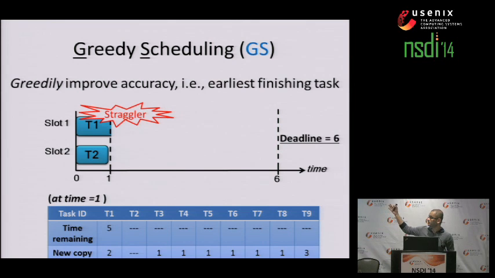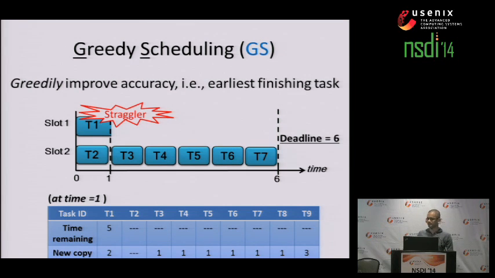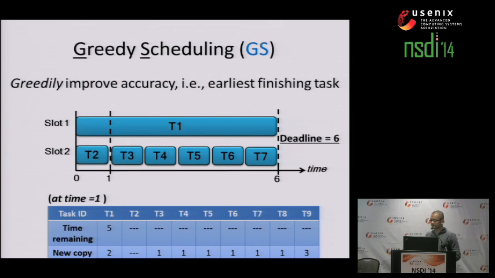If I have to do it greedily, this algorithm would pick the earliest finishing task. Hence, it's not going to schedule any speculative copy, but schedule T3 and so forth, because those are the ones with the smallest remaining time. All along, T1, of course, gets to run as it is. And by the time the deadline of 6 hits, we've completed 7 of the 9 tasks.